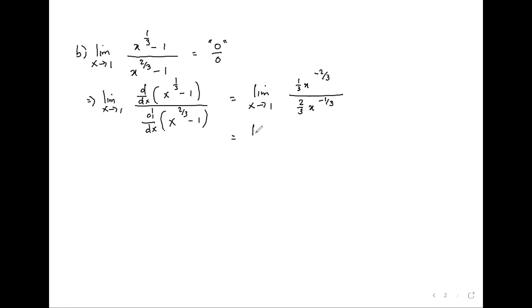So this is going to be the limit as x goes to 1 of 1 over 3 by 3 over 2, and then x to the negative 2 over 3 plus 1 over 3. Or in fact, since you're dealing with 1, this is even complicating it.